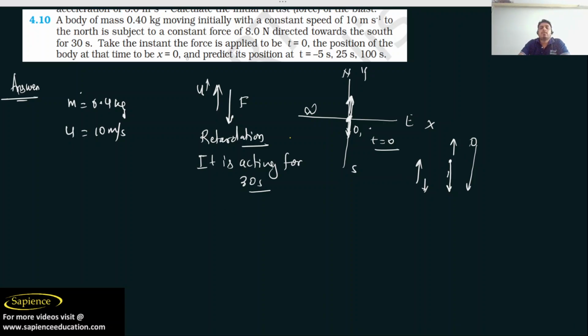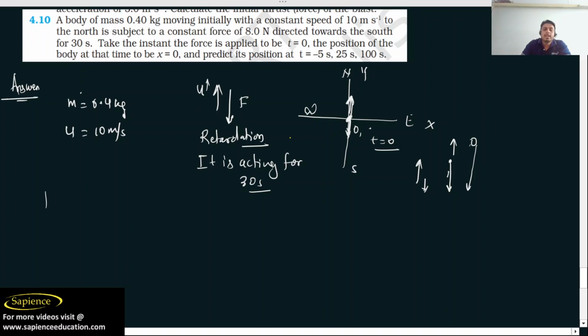Okay, now take the instant the force is applied to be t equal to 0. Predict the position at t equal to minus 5 second. So we need to find its position.